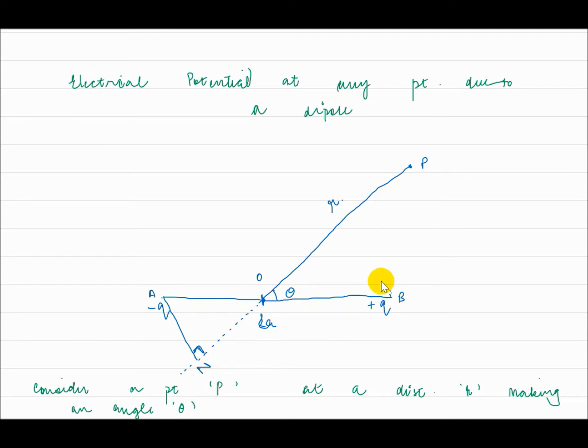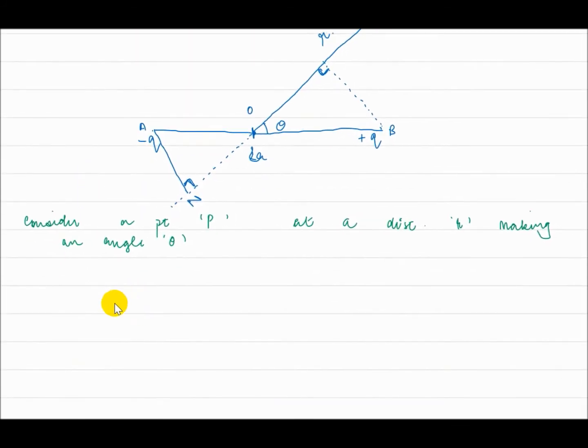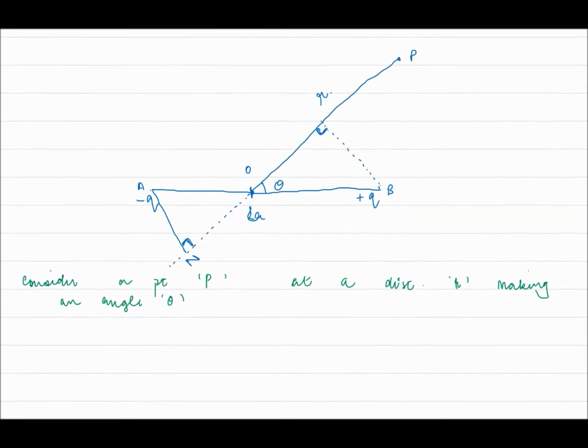Similarly, draw a perpendicular BM on PO like this. So we'll mention the construction work: draw AN perpendicular to PO and BM perpendicular to PO.